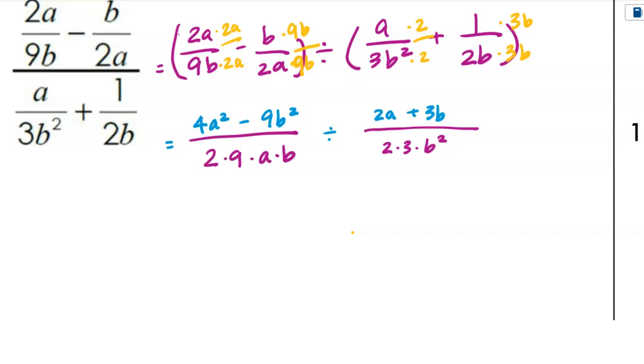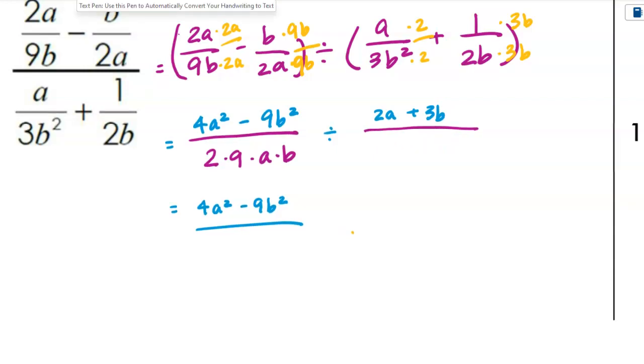Let's go ahead and keep change flip. 4a squared minus 9b squared over, wait a second. Why did I rewrite this as, I have no idea, guys. See? 2 times 9 times a times b. No! No, that wasn't the common denominator.